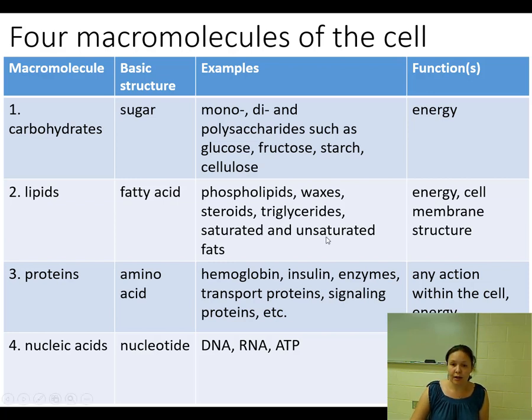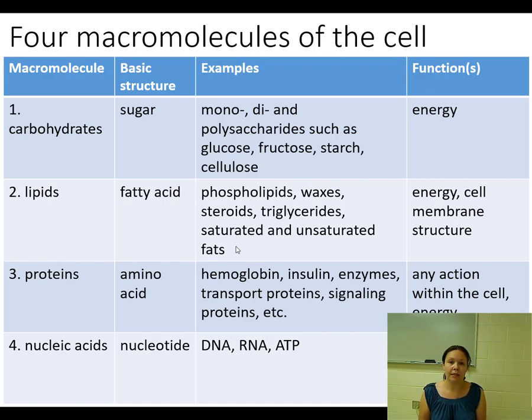Saturated and unsaturated fats, if you've heard of these before in nutrition classes, are types of lipids as well. Steroids, for example cholesterol. Cholesterol is a type of steroid that gets converted into testosterone and estrogen in the body, so it's really important. It's based on a 4-ring structure, and it is a type of lipid as well. Waxes are another example, and phospholipids are yet another example.